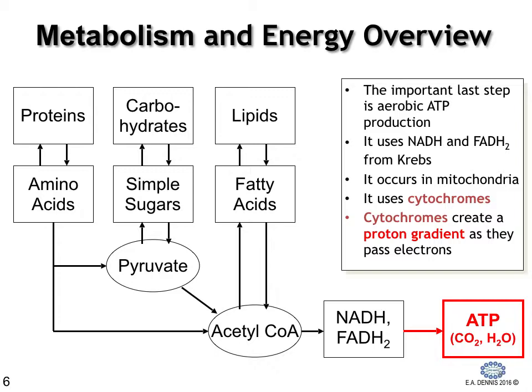And these products then are converted into energy forms in the form of ATP. And this occurs through a proton gradient that makes use of some complicated molecules called cytochromes.